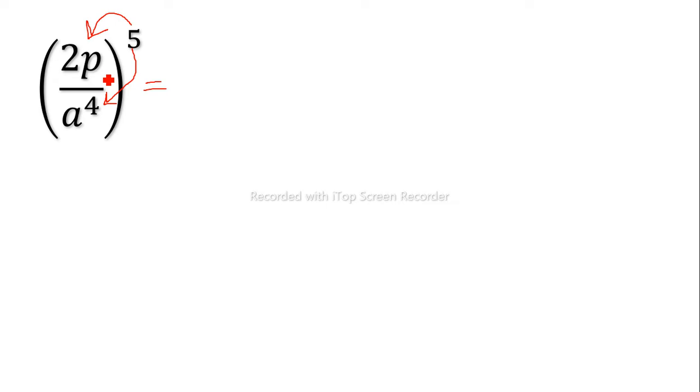Both of you. Okay, so we apply the 5 to 2p, so it's going to be 2p to the power of 5 all over a to the power of 4. But we're going to also put it to the power of 5 as well.